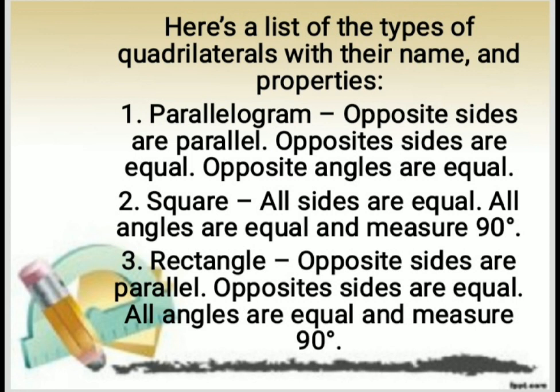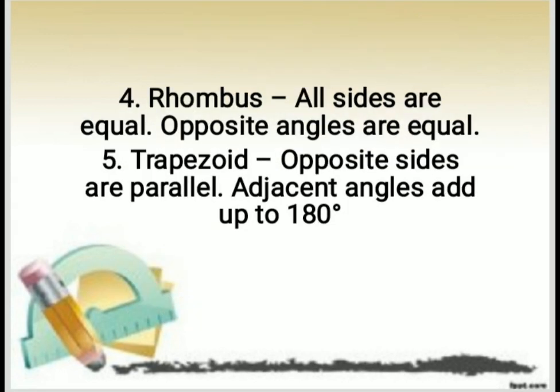For rectangle, opposite sides are parallel, opposite sides are equal, all angles are equal and measure 90 degrees. Rhombus: all sides are equal, opposite angles are equal. Trapezoid: opposite sides are parallel, adjacent angles add up to 180 degrees.